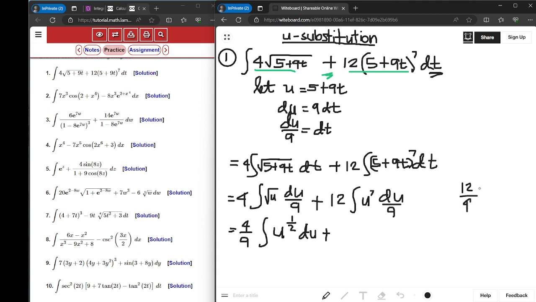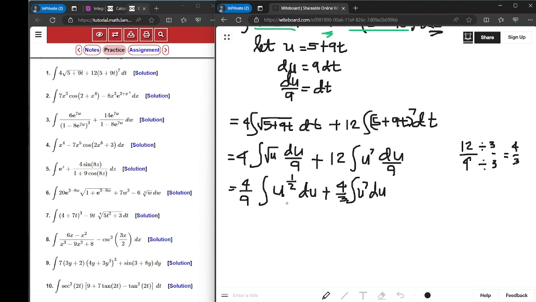We change the form but not the value. So this is 4 over 3 times the integral of u to the 7 du.